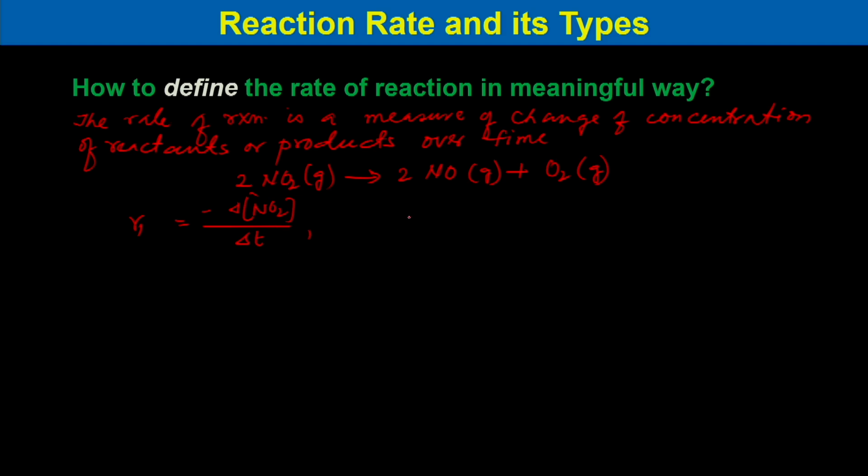Similarly, we can write R2 as delta concentration of NO by delta t, or R3 as delta concentration change of oxygen divided by delta t. And we can relate these three rates stoichiometrically.